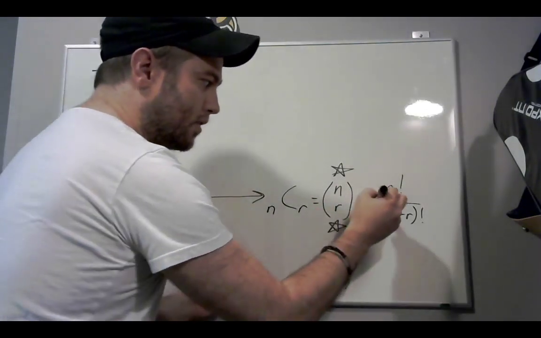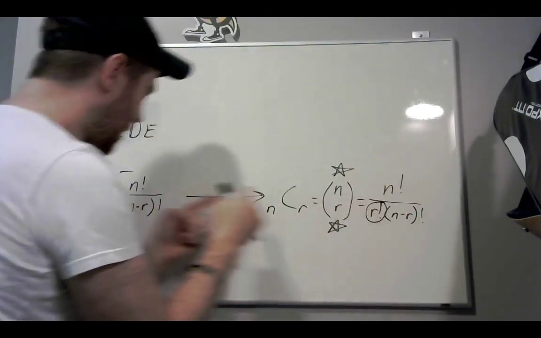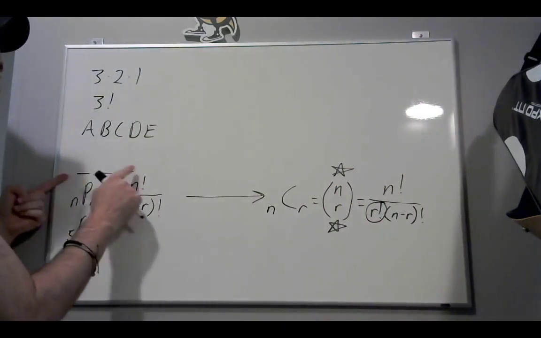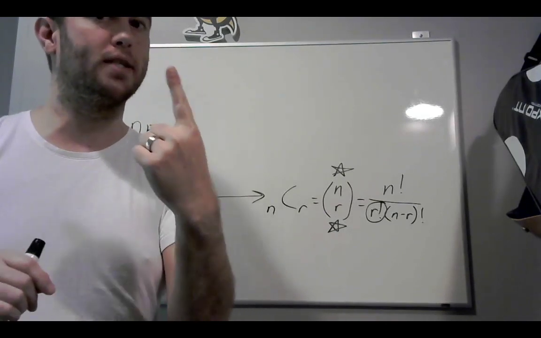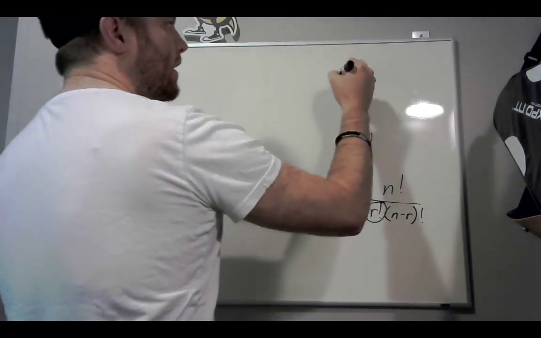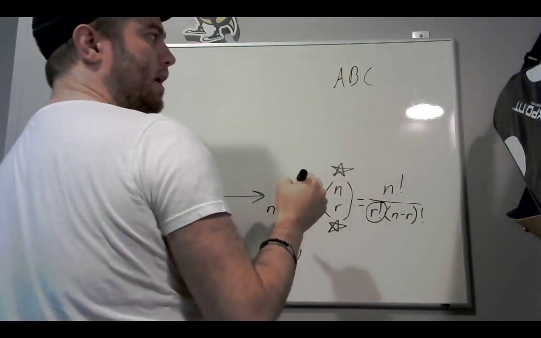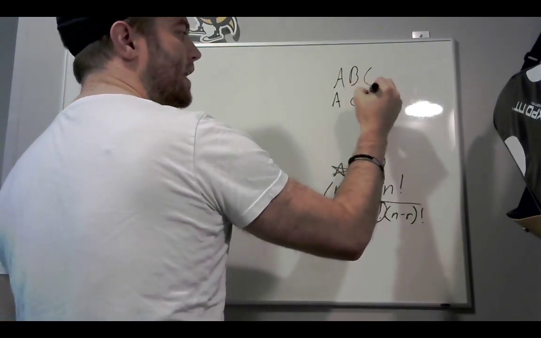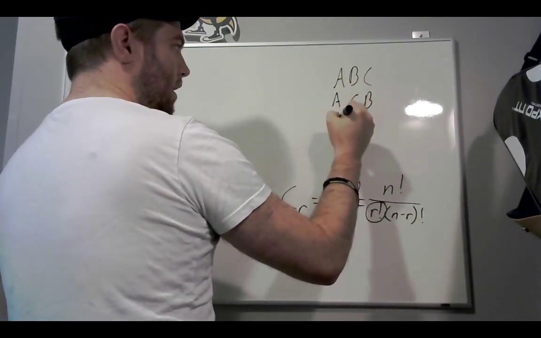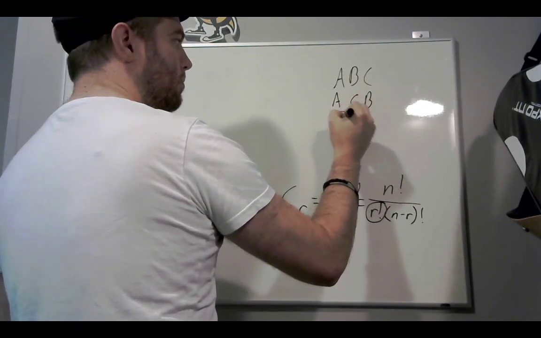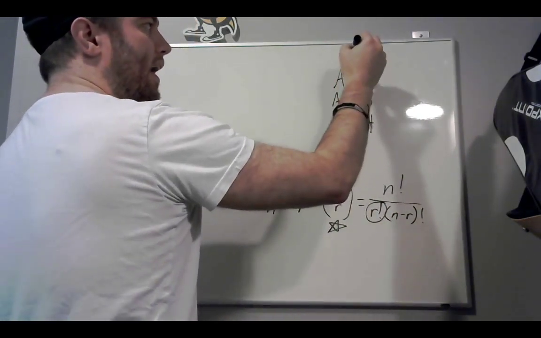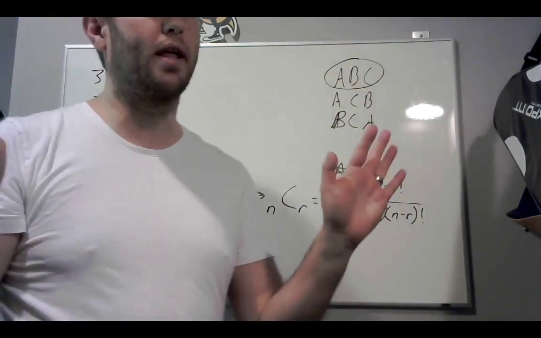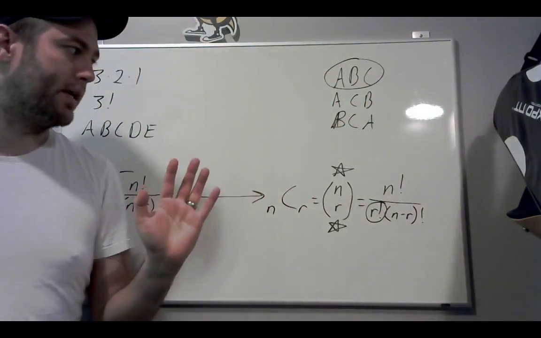So this r factorial is all the different ways I can rearrange 3 items, and I want to divide that out because I only want it to happen once. So I don't care if it's A, B, C, or A, C, B, or B, C, A, or any of the 6. I just care that they contain those 3 letters in whatever order it may be in.